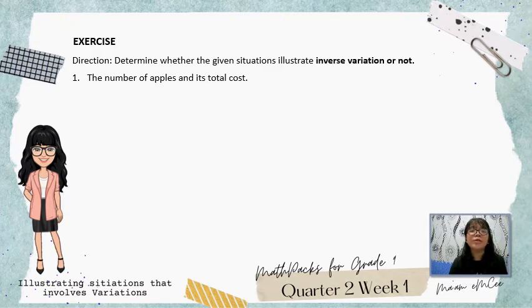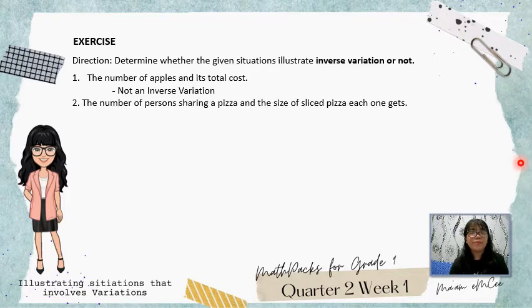So this situation illustrates direct variation because whatever happened to the first variable is the same as to the second variable. So this is not an illustration of an inverse variation. Kay inverse variation, it will be opposite always. But for direct variation, it will be the same. So as the number of apples increases, the total cost also increases. So this is a direct variation, not an inverse variation.